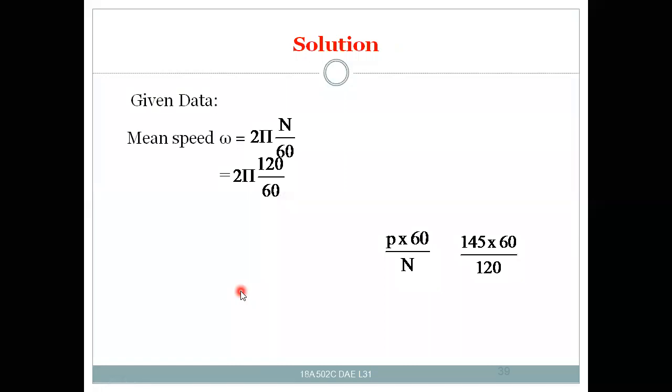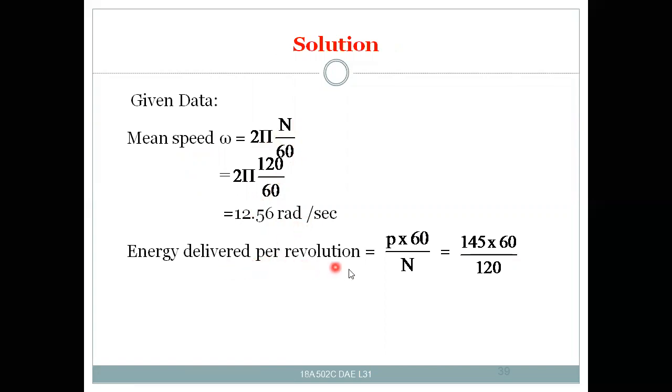So the solution here: mean speed is given for us, omega is 2 pi N by 60, that is 12.56 radians per second. Similarly, energy delivered per revolution is P into 60 by N, where P is the power transmitted. That is also given for us, 145 into 60 by 120.